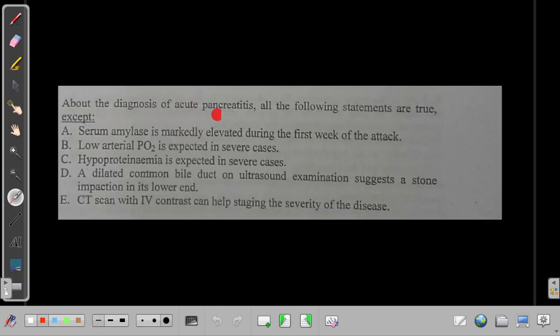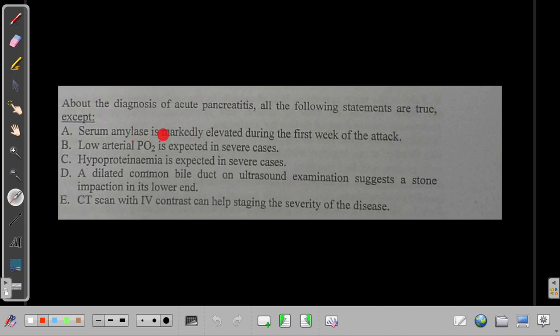About the diagnosis of acute pancreatitis, all of the following statements are true except: serum amylase is markedly elevated during the first week of the attack. This is untrue. This is a false statement. As a matter of fact, serum amylase will be elevated within hours of the attack and will disappear within 2 or 3 days because it has a short half life.